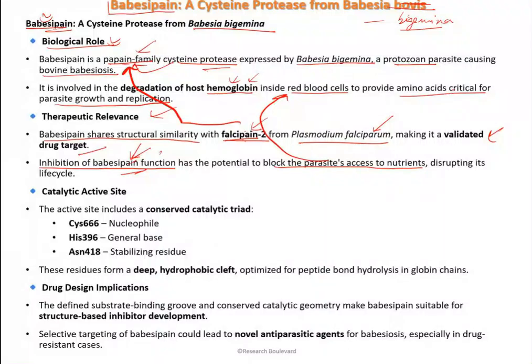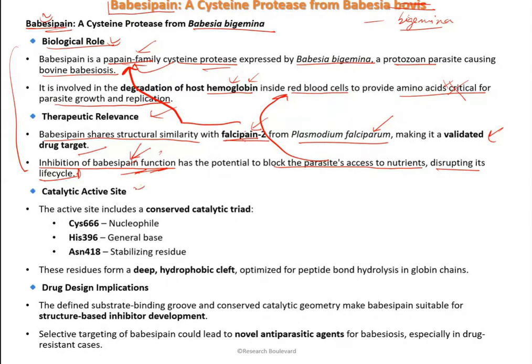That essentially means the parasite won't be able to replicate because the nutrients won't be there, disrupting its life cycle. This is the whole story: we want to inhibit the function of this Babesipain enzyme.